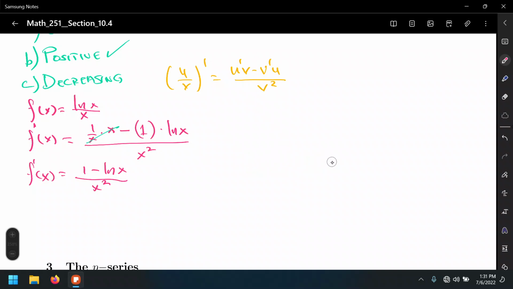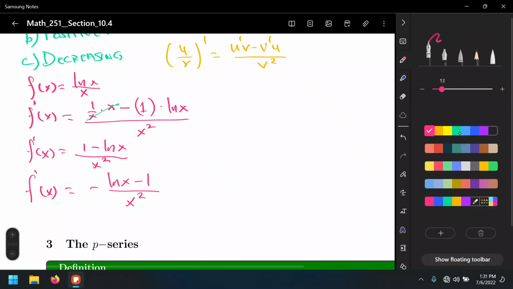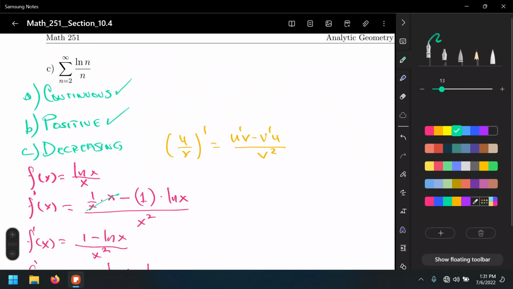Now, if you want to justify this in a more generalized way, check this out. Factor out the negative and reverse the order of the terms in the numerator. I think this makes it more clear that the derivative is negative, doesn't it? So we have a good argument to justify that the given function is decreasing.